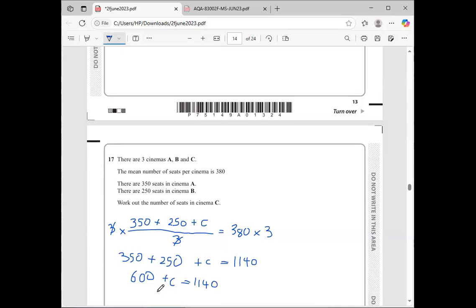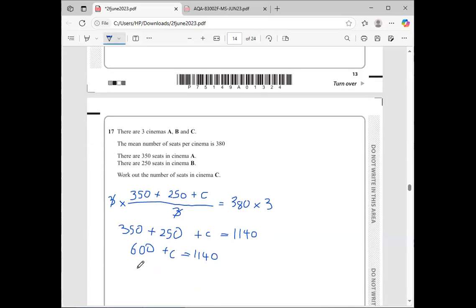Okay, so C will be equal to, what would I have for C? 540. Okay, that's right.